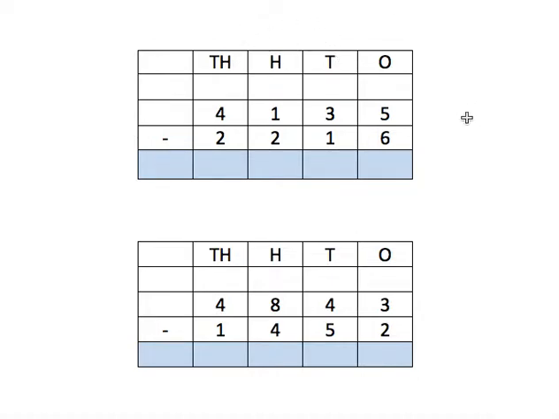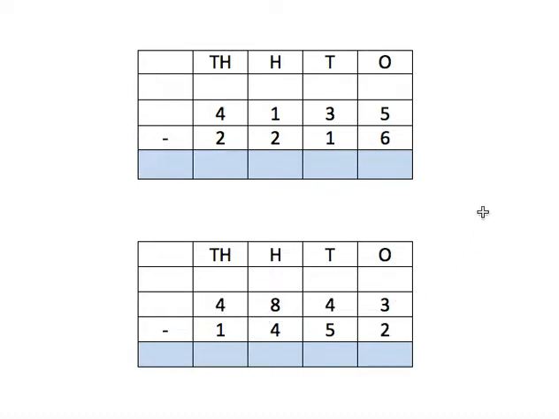The number given above is 4135 and the number given below is 2216. We will subtract 2216 from 4135. The number given below is subtracted from the number given above.